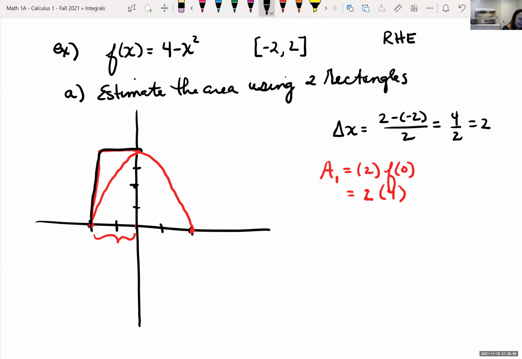That would give us back 8. The thing is, when we look at the right-hand input of the next one, notice that that's at the x-axis. And so if I look at that rectangle, that's just that line. So the area of my second rectangle is 0. So area is approximately 8 units squared.